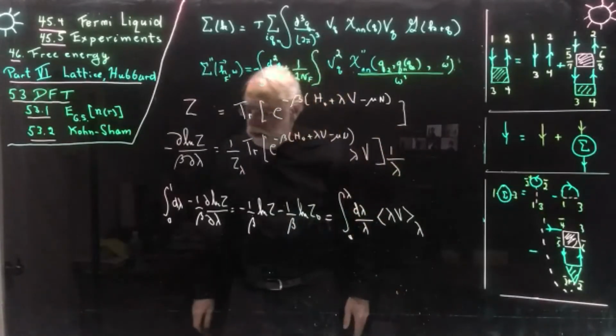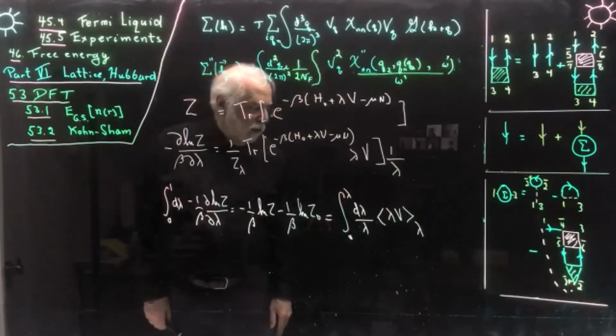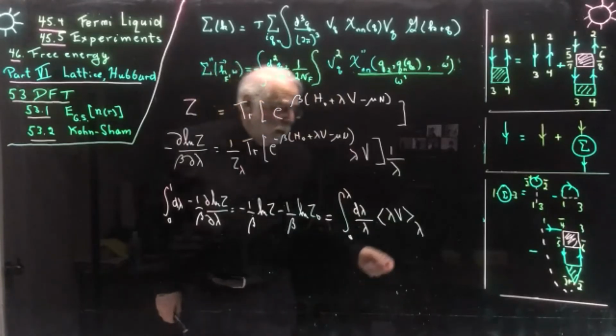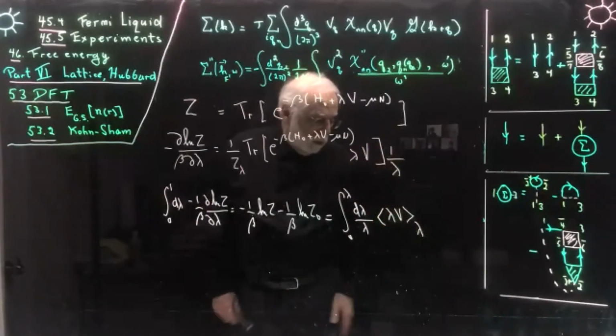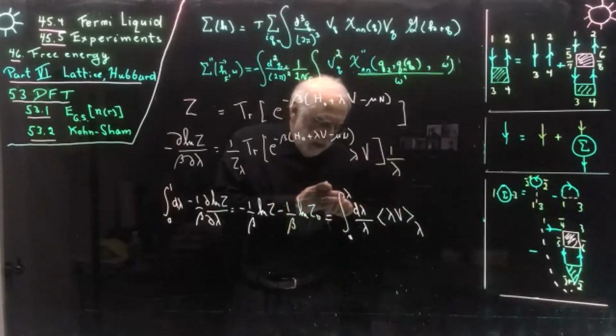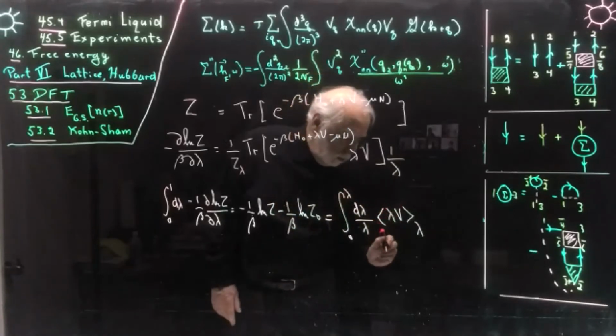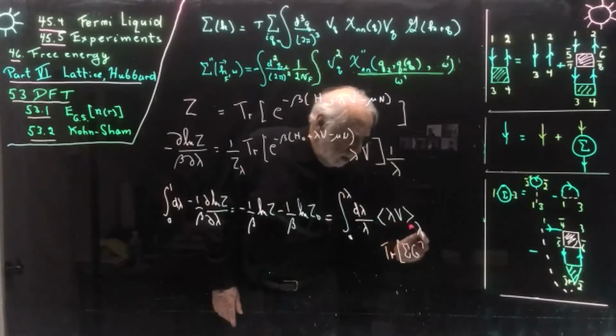I mean, you can work it out. It's really easy for RPA but it can be done numerically also if you happen to be able to do this calculation only numerically. And you have to remember that this potential energy, we saw, is also trace of sigma g, or it's also related to the charge susceptibility.